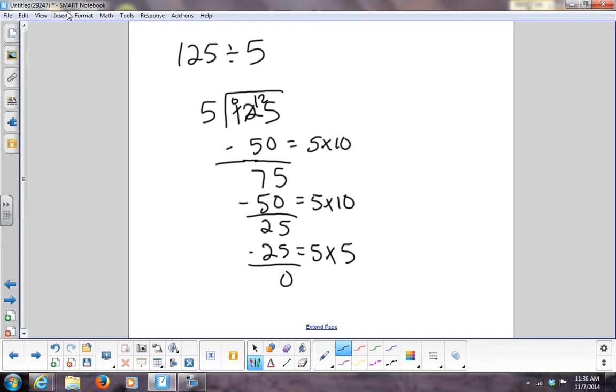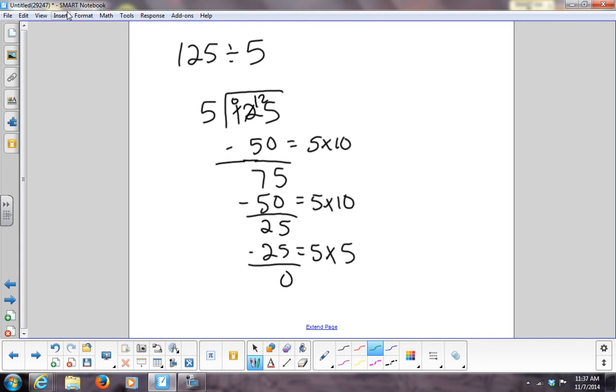Add what? Just 10 plus 5? No. We already figured out 5 times 10 equals 50.